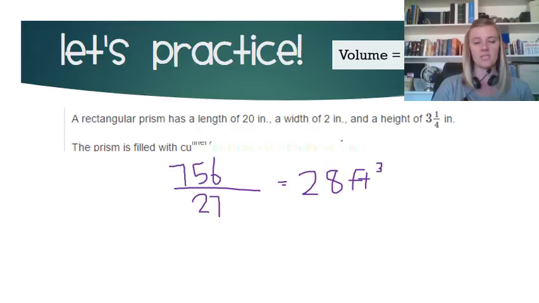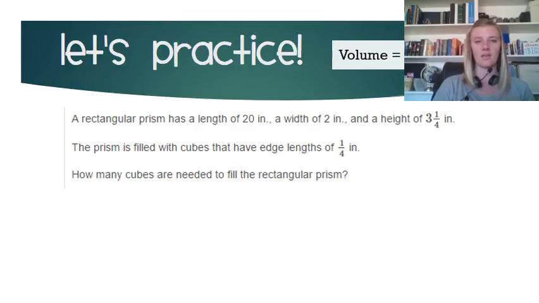Now it looks a little bit different when we are given the length, width, and height of a rectangular prism, okay? So we are given the length, width, and height, and then it is filled with cubes that are 1/4 inch. So you're still going to need our cheat sheet for this one.